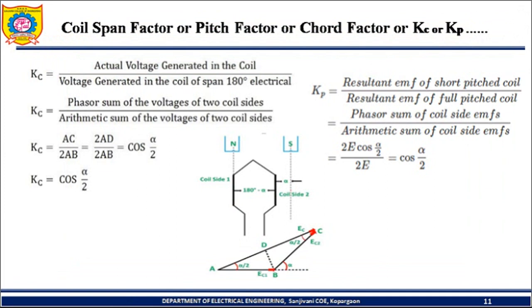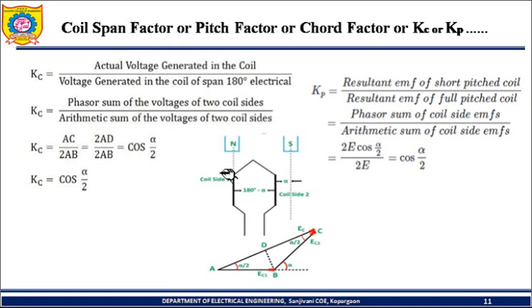You can see here Kc equals the actual voltage generated in the coil divided by the voltage generated in the coil of span 180 electrical degrees. The same is also called Kp, which is nothing but the resultant EMF of a short pitch coil to the resultant EMF of a full pitch coil.